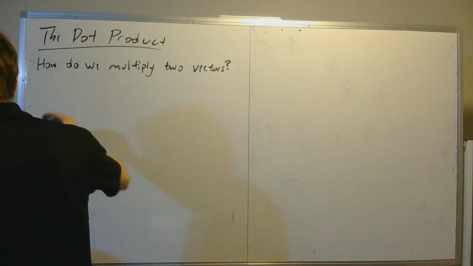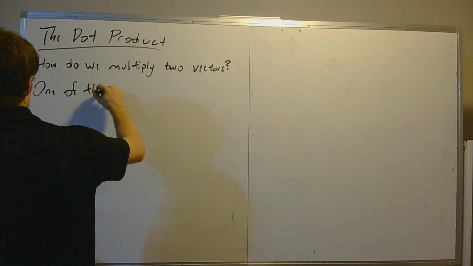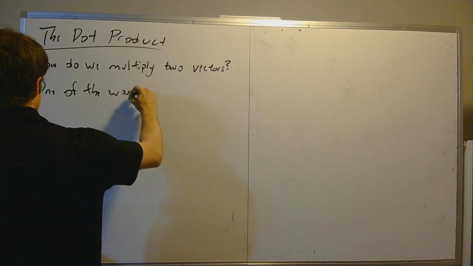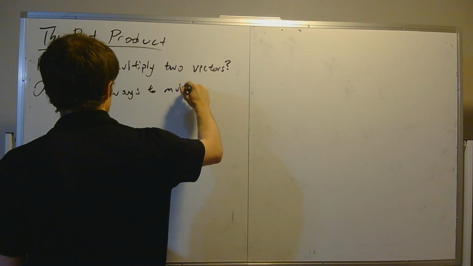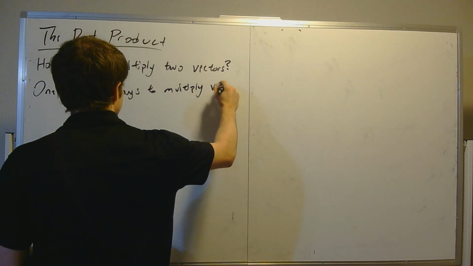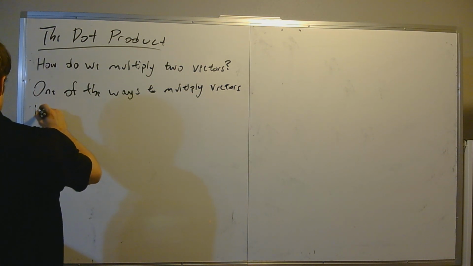So one of the ways to multiply vectors is the dot product.